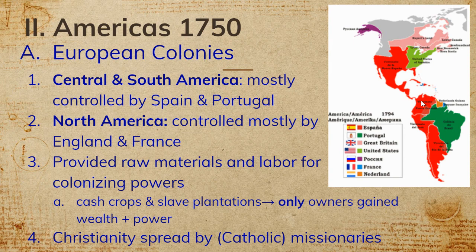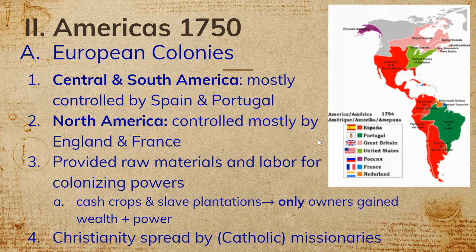And again, this means that the indigenous peoples are remaining very poor, and these minority groups of owners, they're gaining the wealth. And really, who's gaining the wealth are going to be these people and these countries, which is why they're so powerful and our main countries we talk about when we talk about Europe at this time.